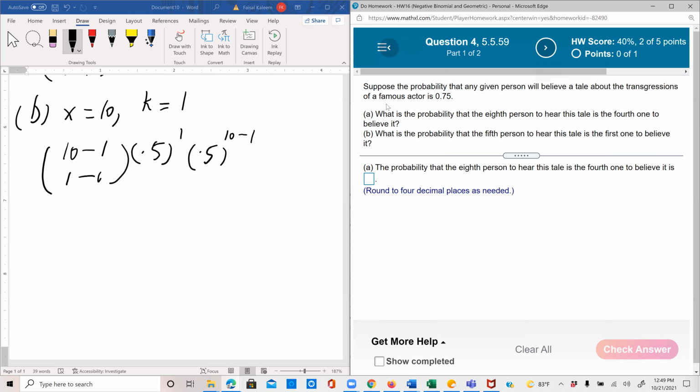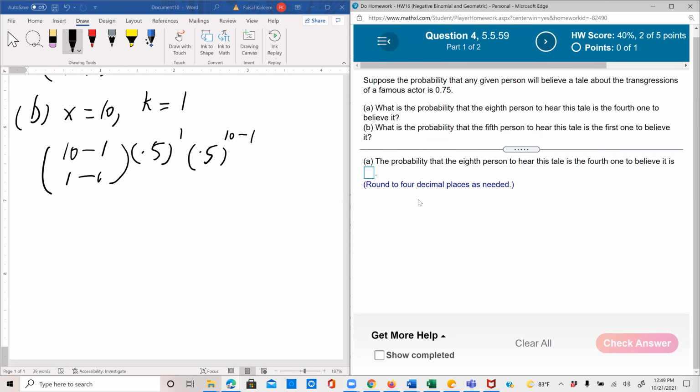So let's look at this number 4 as well. Suppose the probability that any given person will believe a tale about the transgressions of a famous actor is 0.75. What's the probability that the 8th person to hear the tale is the 4th one to believe it? So A, the 8th person is the 4th one to believe it.